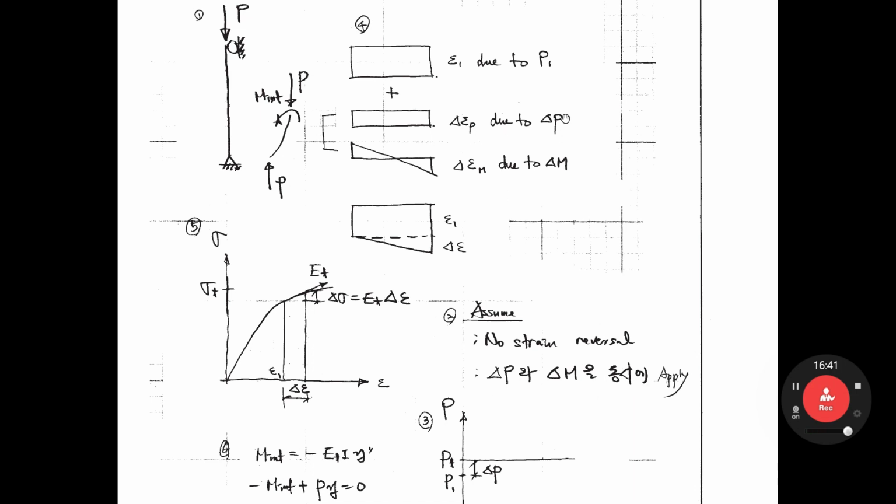That means due to delta P, we have this uniform strain delta epsilon P. Due to delta M, we have this compressive stress on the right hand side. Here, on the left hand side, we have the tensile strain. Why? This one is epsilon 1, and then we have to add this delta epsilon. This one is plus delta epsilon P. This one is minus delta epsilon M. We consider this magnitude is identical. We assume like that. So this is 0, okay? This one plus minus 0.